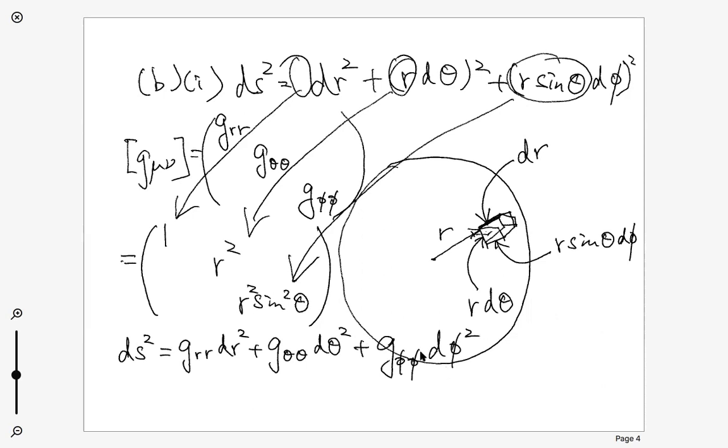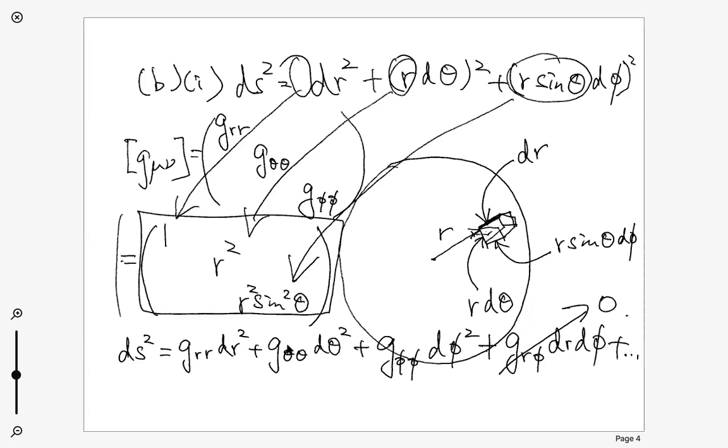Because this is exactly the definition of the metric: the coefficient in front of all of the line elements here. And of course there's supposed to be some cross terms like dr d phi or something like that, but in this specific example, all these cross terms are 0.